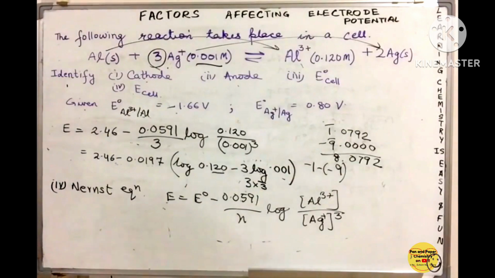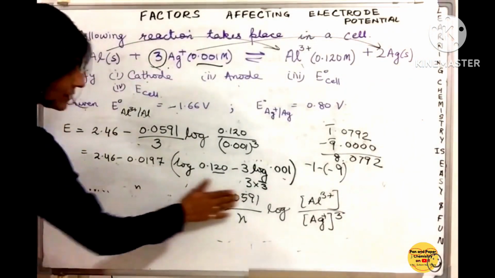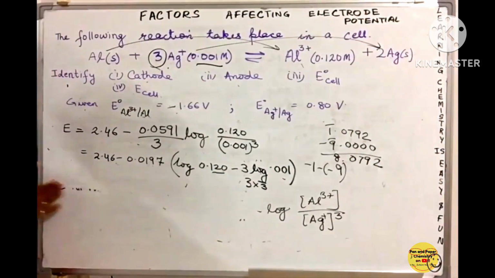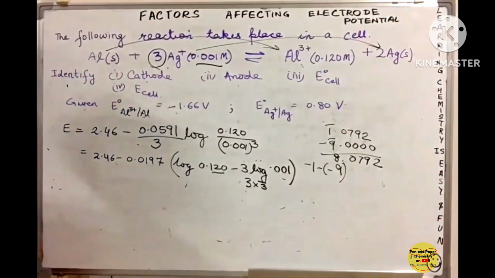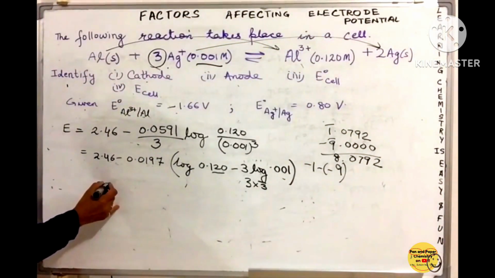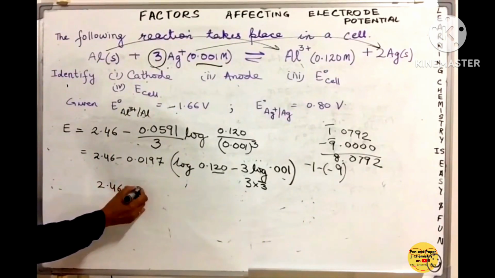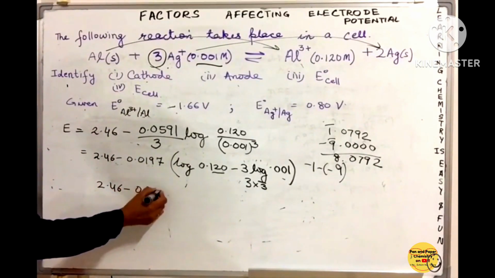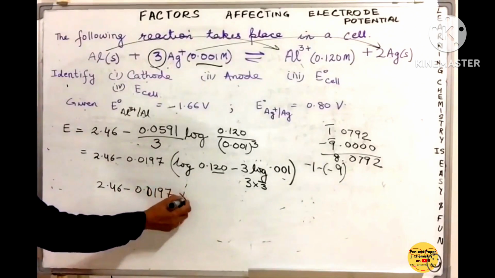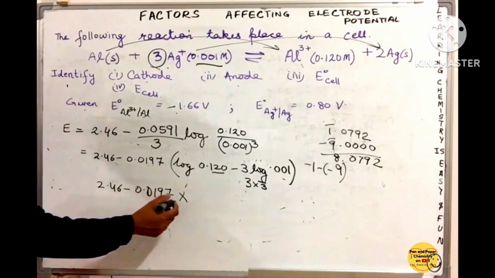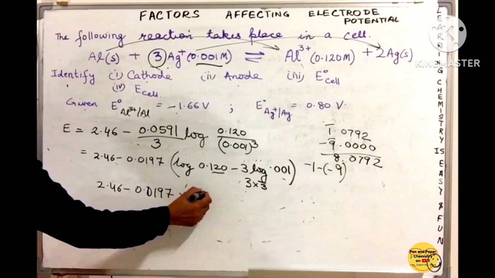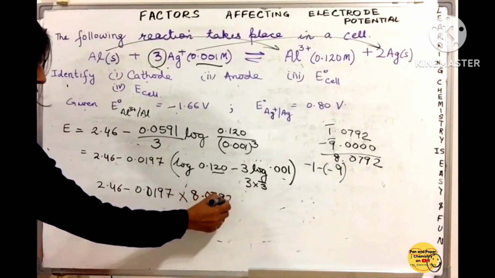So can we now put the values and multiply and get the answer? Go ahead. 2.46 minus 0.0197 into, you will get over here 8.0792.